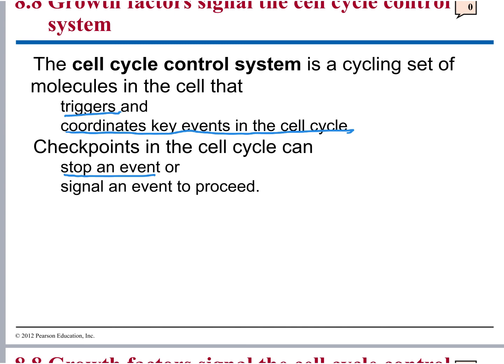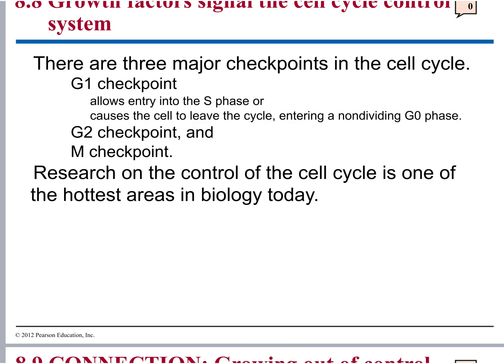And essentially that cell is told, okay, you're not ready to divide. We're not going to allow you to continue through this cycle. Or if everything is okay and all the duplication of the cytoplasm and the chromosomes has been done correctly, then there are checkpoints in the cycle that can signal, okay, you can proceed to the next phase of the cell cycle. So let's look at those.